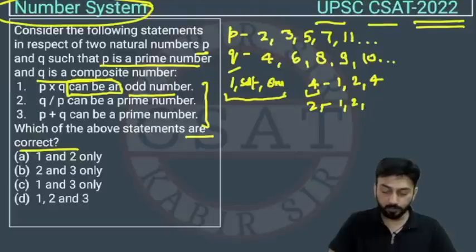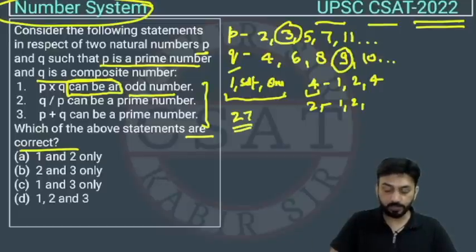सपोज P की मैं 3 वैल्यू लेता हूँ एंड Q की 9 वैल्यू, so 3 into 9, so this will be 27. So 27 is an odd number, right. So the first statement is correct, ठीक है. Now the second statement, Q upon P can be a prime number, right.